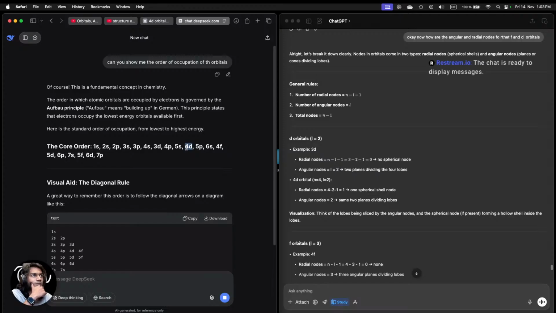So 4D comes up after 5s. So the radial node we're seeing is part of 5s. Yep. 3p also has a radial node. It's part of 3s. Okay.